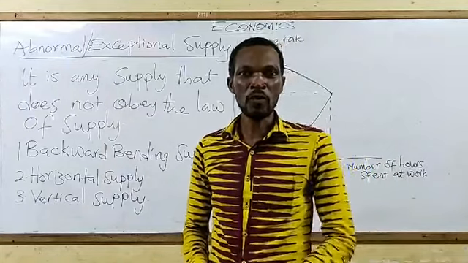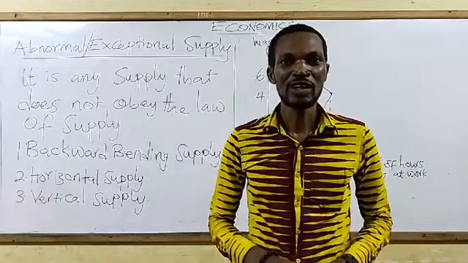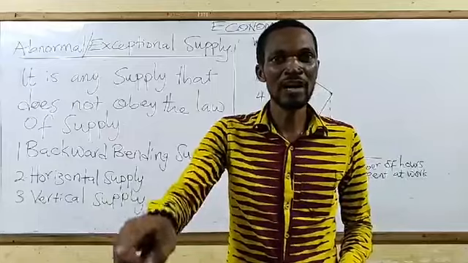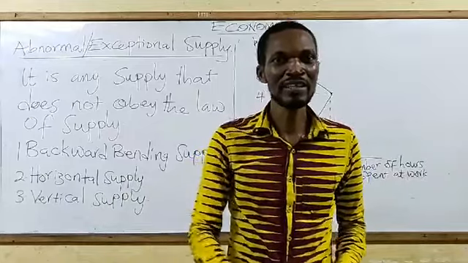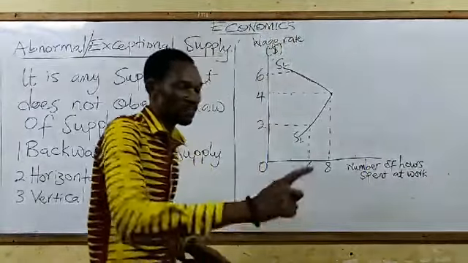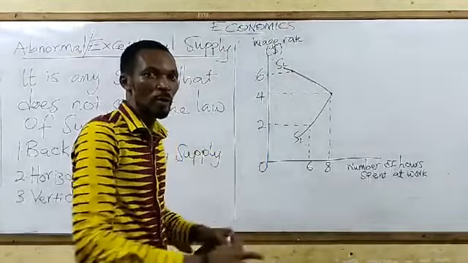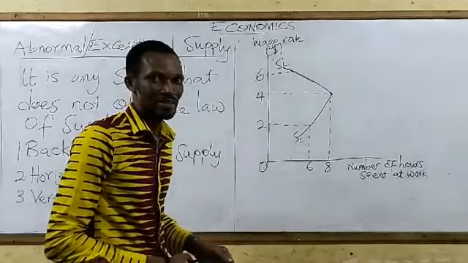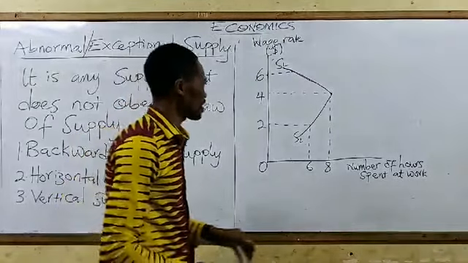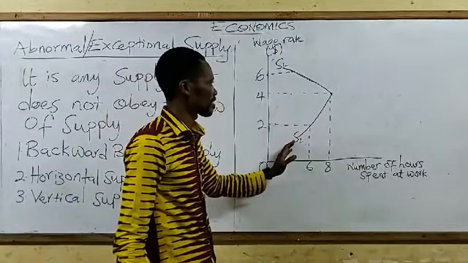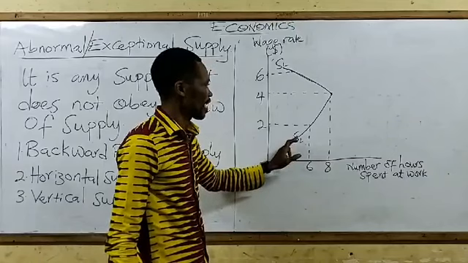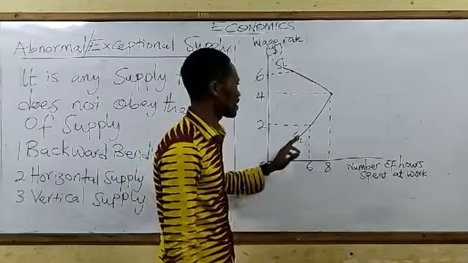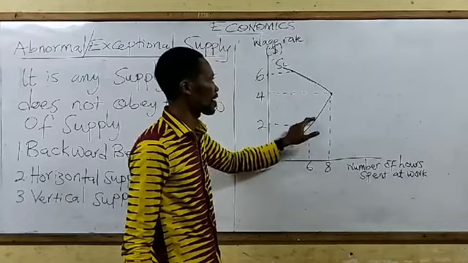The law of supply leads to what you already know, the upward sloping supply curve. I.e., when you are moving on the normal supply curve, you move upwards. For instance, I have a curve here. When I run my hand on it, from my left hand side to the right hand side, my hand is going up on the curve.